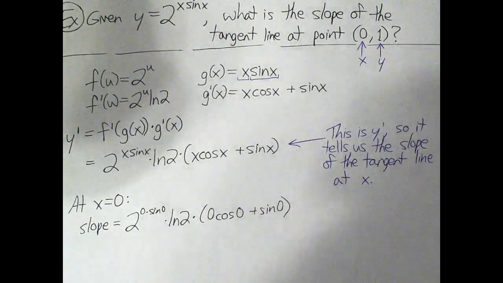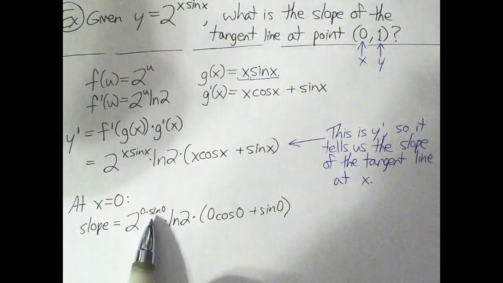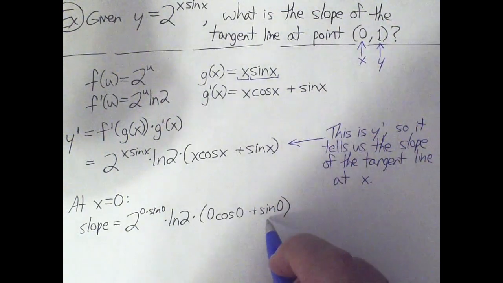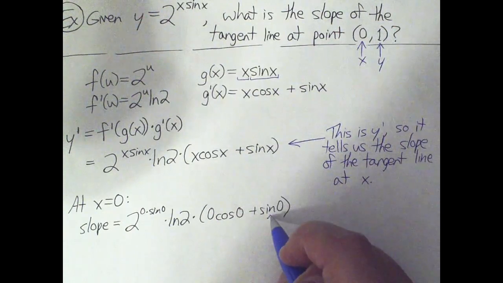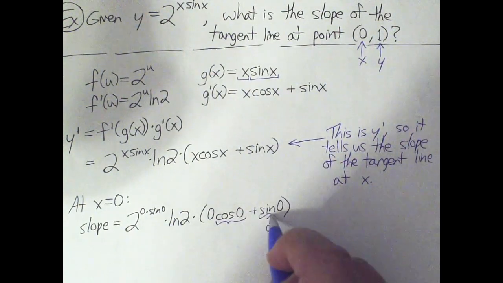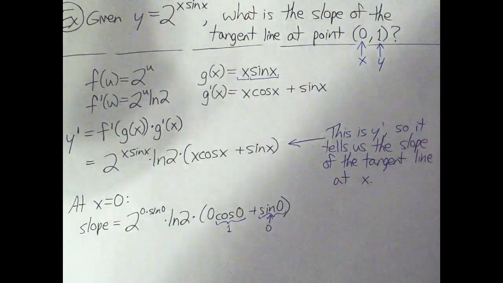You have to remember what sine 0 is and what cosine 0 is. All right. Sine of 0 is 0. Cosine of 0 is 1, right?